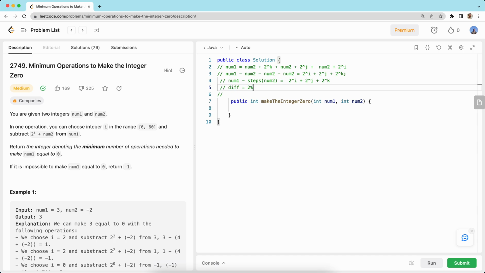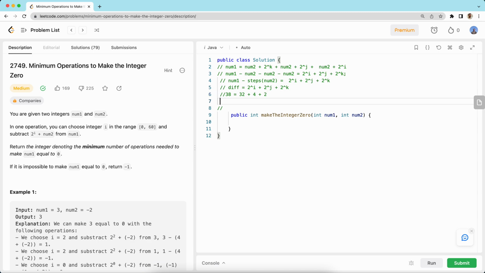So now our question really is, how can we denote a number into powers of 2? So let's take an example of 38. It can be denoted as the nearest power of 2 because we are interested in minimum. 32 plus 4 plus 2, right?